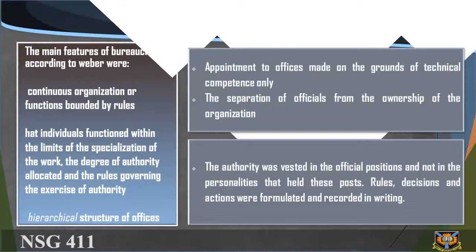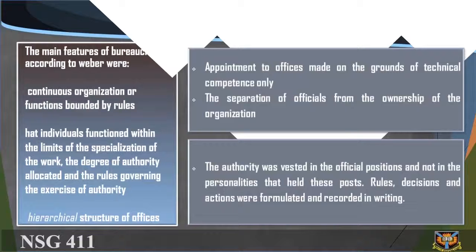The main features of bureaucracy, according to Weber, were a continuous organization of functions bounded by rules, that individuals functioned within the limits of the specialization of the work, the degree of authority allocated, and the rules governing the exercise of authority; a hierarchical structure of offices; appointment to offices made on the grounds of technical competence only; the separation of officials from the ownership of the organization.